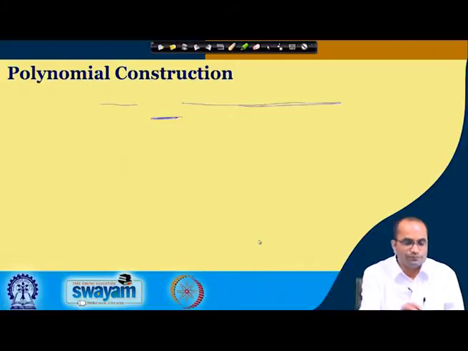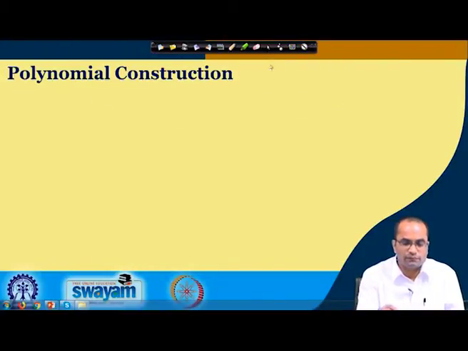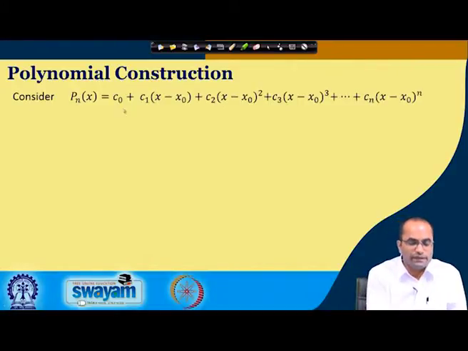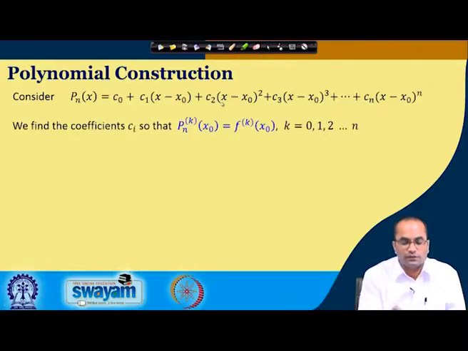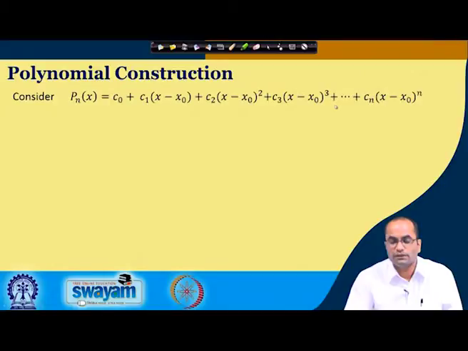So, we assume here a general polynomial of degree n. We take that p n of x is c 0 plus c 1 times x minus x 0, plus c 2 times x minus x 0 squared, plus c 3 times x minus x 0 cubed, and so on, plus c n times x minus x 0 to the power n.